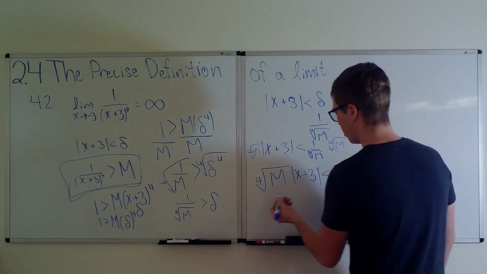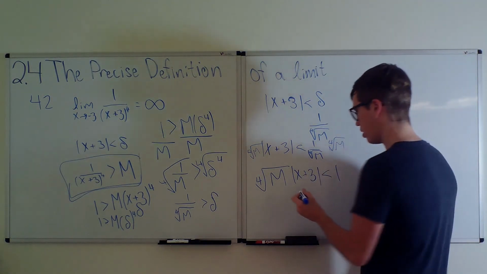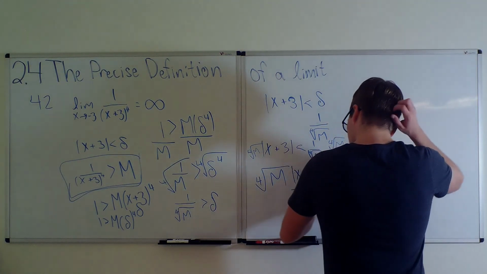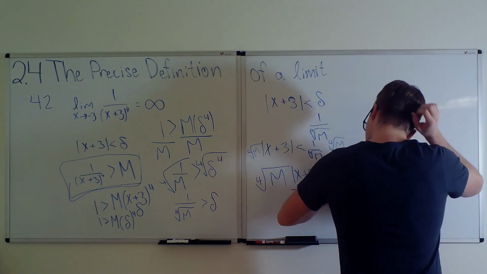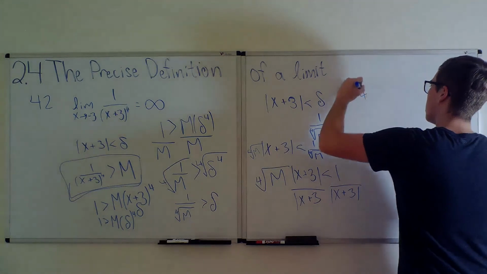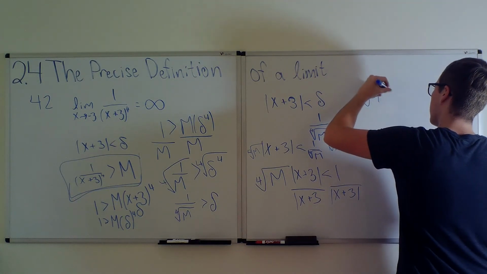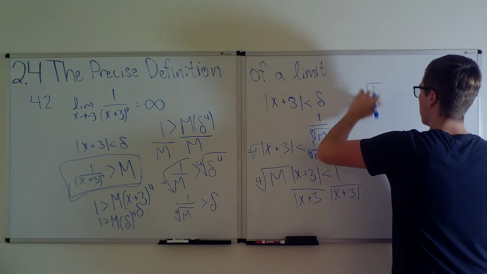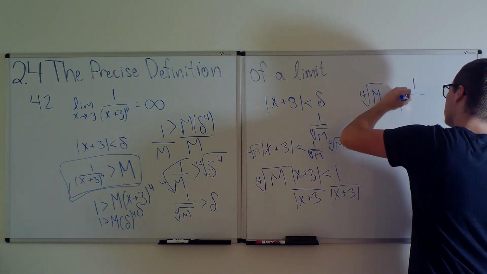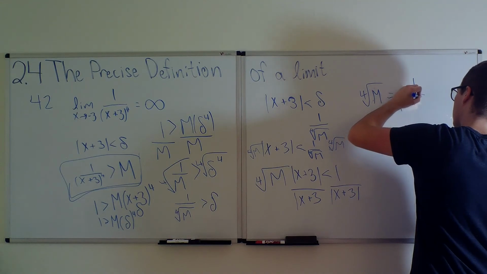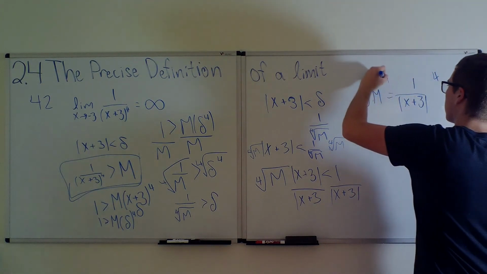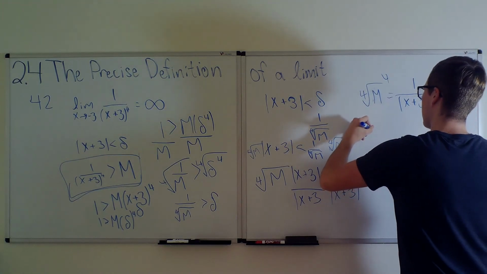Okay, now we want the M by itself, so divide by the absolute value of x + 3. Boom. So now we have the fourth root of M is less than 1 over |x + 3|. So now, let's raise everything to the fourth power.